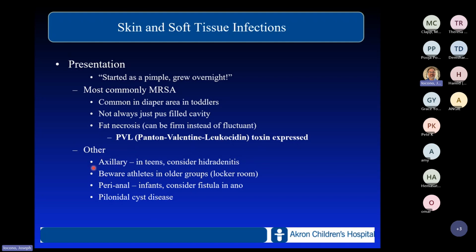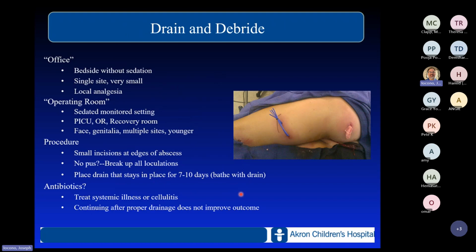Hidradenitis, if you have axillary or groin chronic draining sebaceous gland infections, is now being treated with, I can't remember which one, but one of the biologics. A TNF inhibitor will treat that chronic bad hidradenitis. Pilonidal cyst disease, the bane of our existence, I'll also have a slide on that. But you can drain them, put drains in, or pack them.